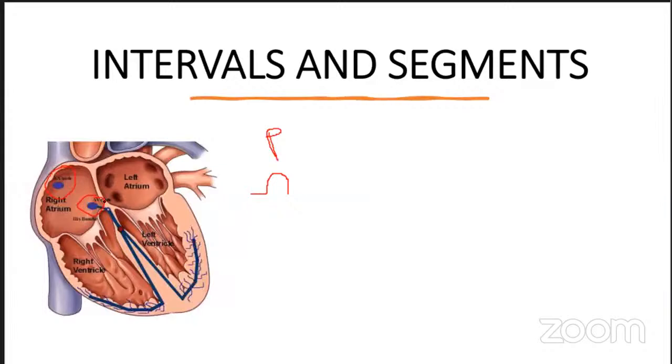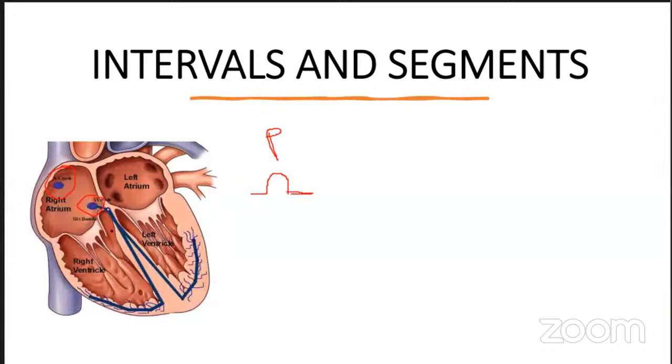And then when the impulse gets to the AV node, it's going to hold the current for a while, and that gives us our PR segment. This is the portion where the ECG is not detecting any electrical flow of current because the AV node is holding the current, so it goes back to the isoelectric line.